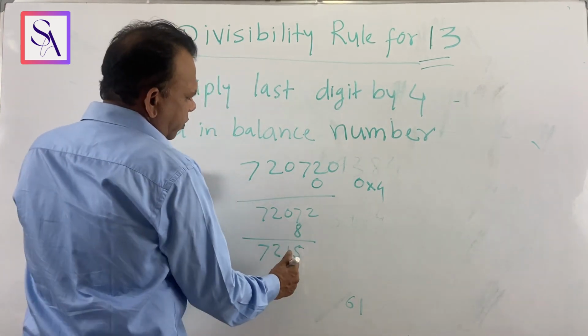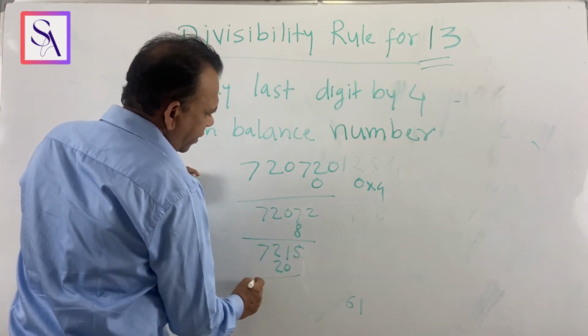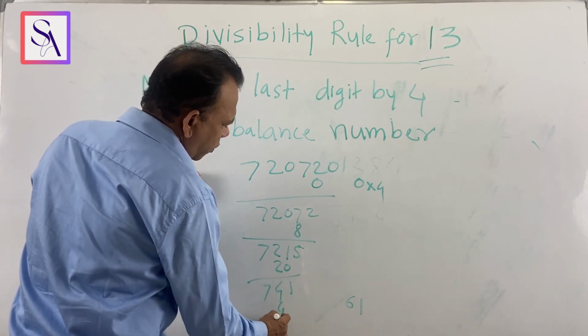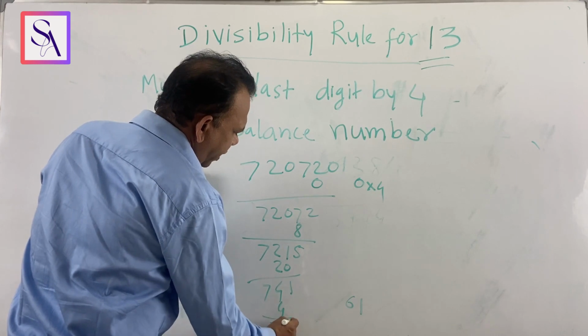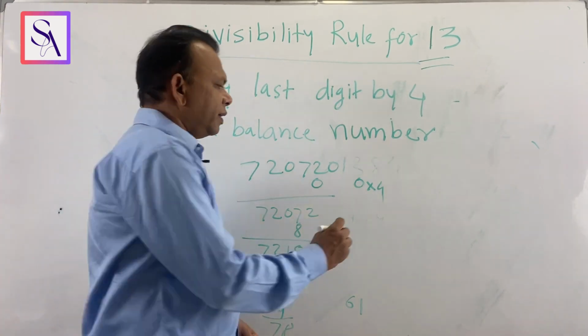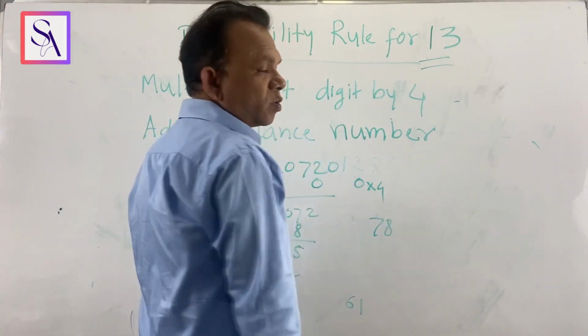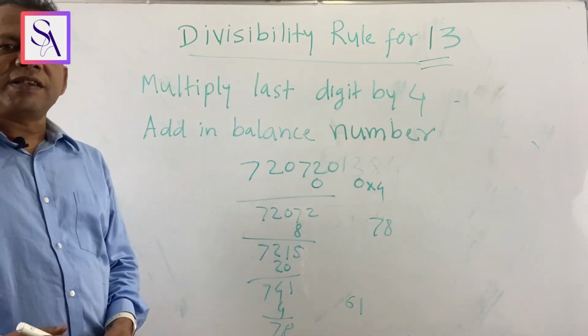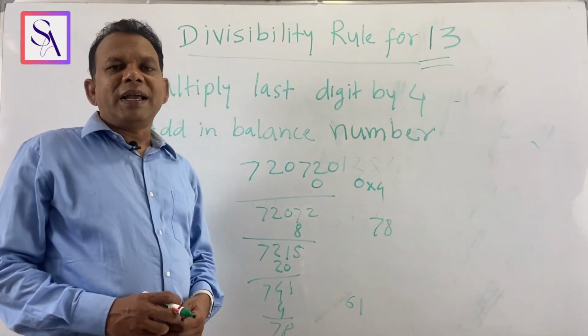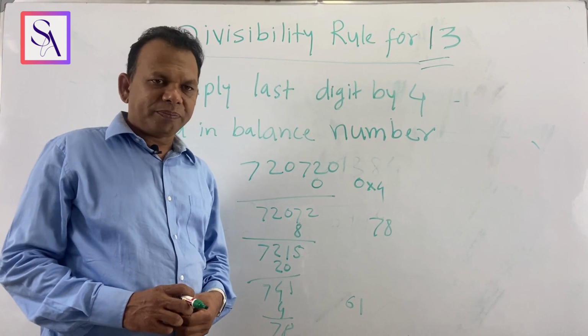Again 5 4s are 20, 1 4 7. Again 1 4s are 4, 78. So my answer is 78, and 78 is divisible by 13. 13 6s are 78. Hence 720720 is divisible by 13.